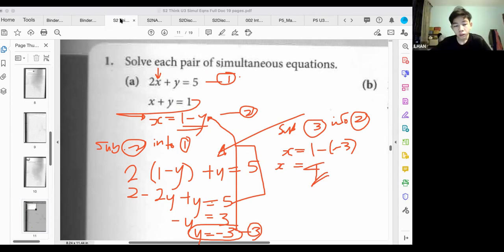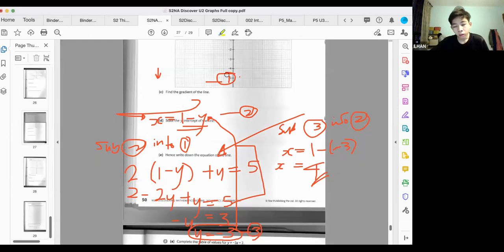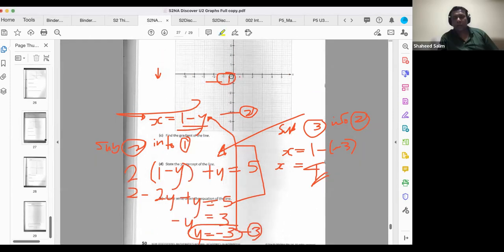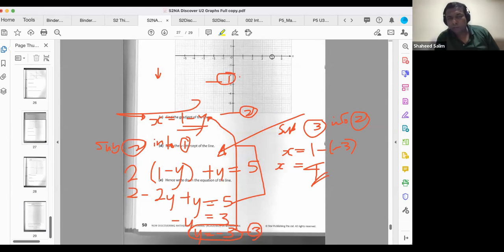Let's see now, I show you: x for y negative 3, right? So that means the two graphs meet somewhere here, (4, -3). They cut each other somewhere here. So you already solved this is the point where the two graphs cut. So this is the point. That's what you are finding.